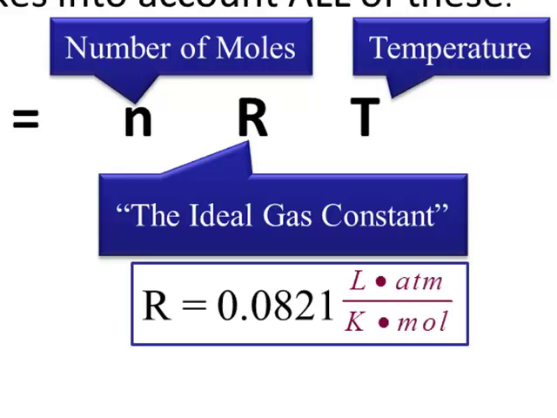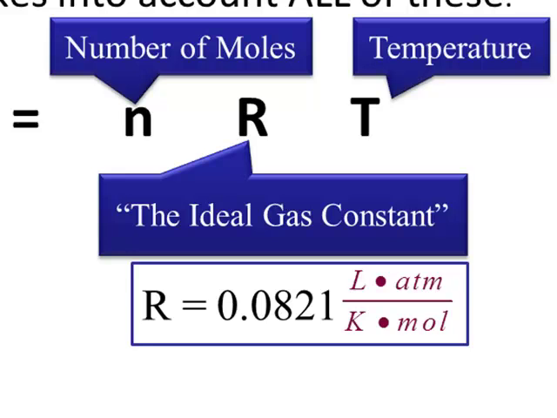It's very common to see it written like this. R, the ideal gas constant, is equal to 0.0821 with the following unit: liters times atmospheres in the numerator and Kelvin times mole in the denominator. While that may look like an overwhelming unit, it's really just a four-part unit.